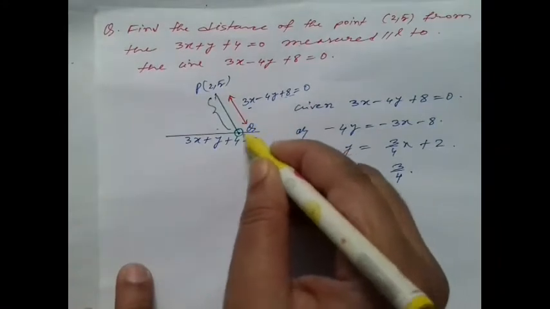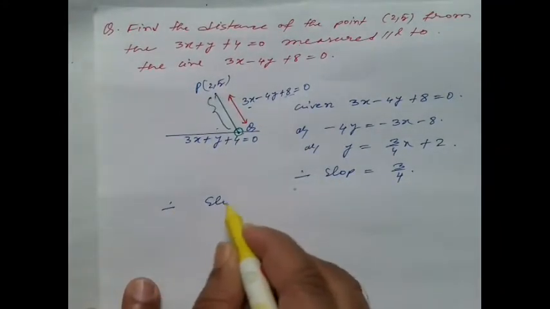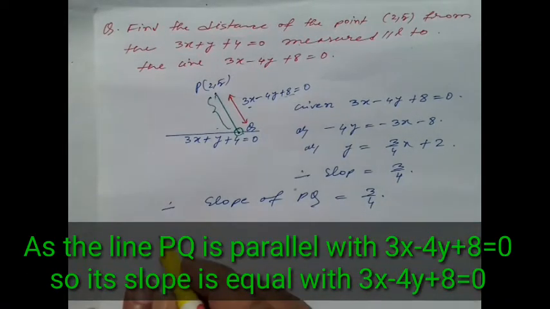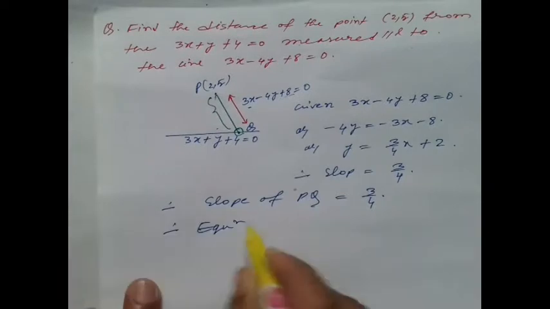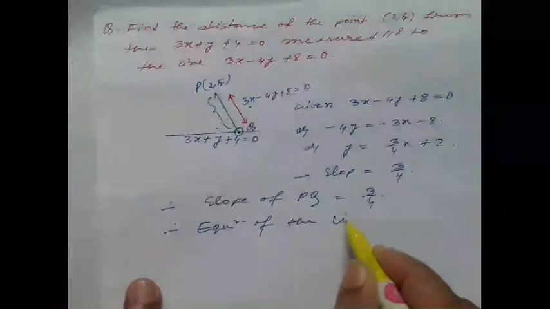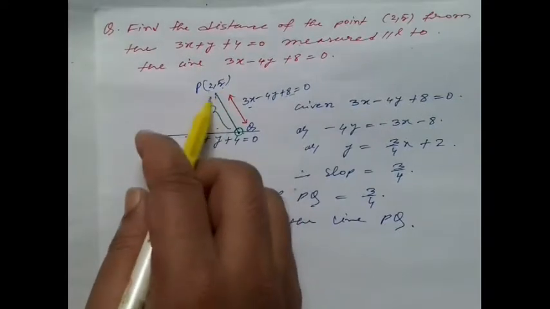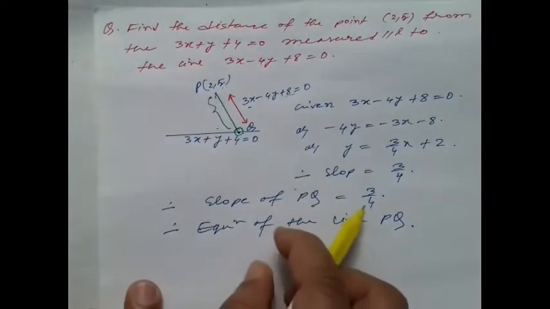Then name the intersection point Q. Therefore the slope of PQ equals 3 by 4, as PQ is parallel to this line. Now PQ is passing through (2, 5) and has slope 3 by 4.